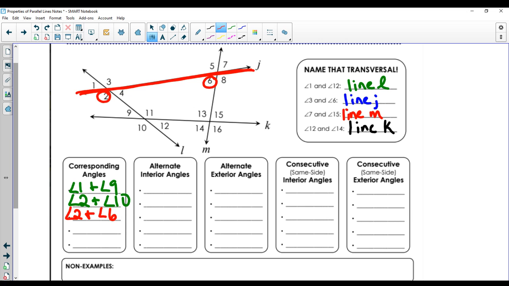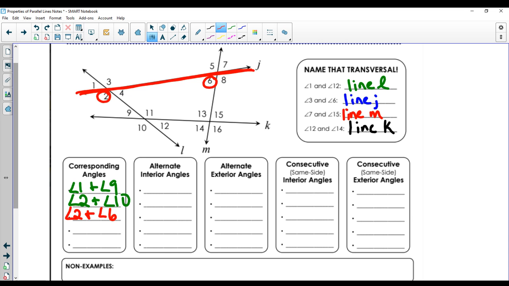And now you might be thinking, well, are 10 and 6 corresponding? Because I've got up here in green, angle 2 and 10 were corresponding. Remember, the green was a completely different transversal line. Okay, and the red's a different one too. It's all dependent on which transversal you're looking at. More than likely, you're probably just going to have one transversal to look at. I copied this from some other place.